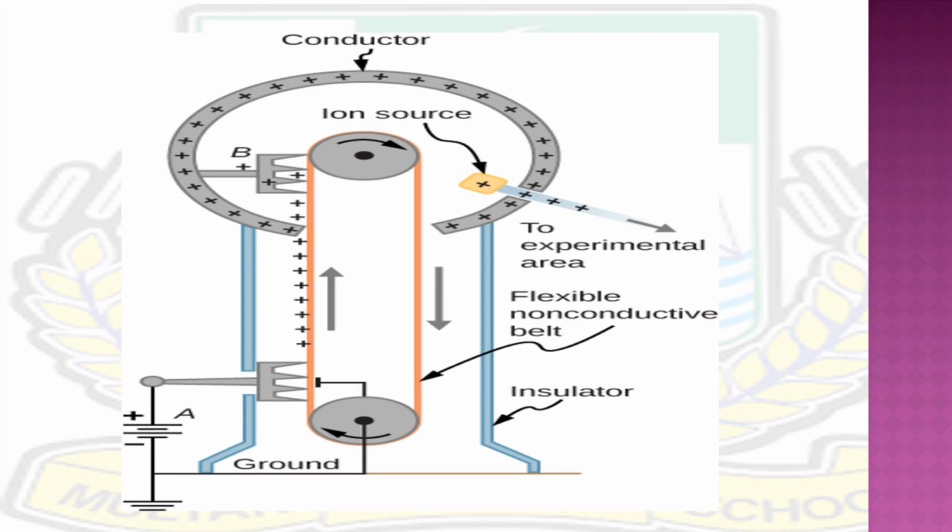And this can be done because the charge does not remain inside the conducting sphere but moves to its outside surface. So an ion source inside the sphere produces positive ions which are accelerated away from the positive sphere to high velocities.